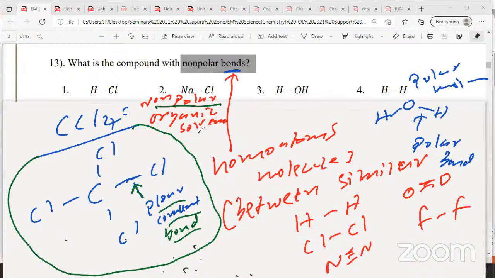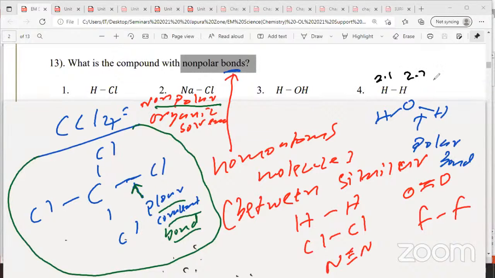So now heteroatoms, what is the easiest method? If the bond is formed between different types of atoms, it is a polar bond. If the bond is formed between similar atoms, it is a non-polar bond. So actually the main reason here is electronegativity difference. What is the electronegativity value of hydrogen? 2.1.